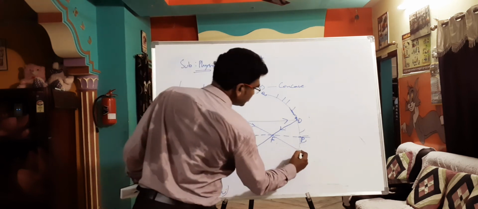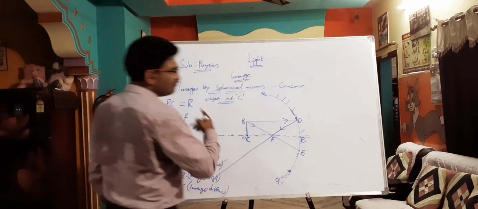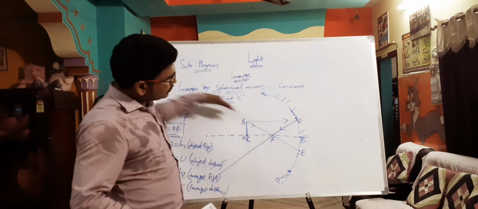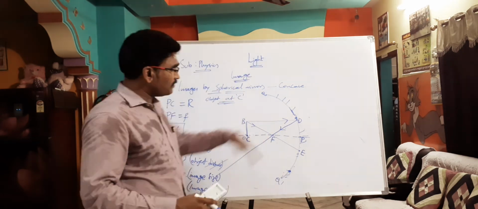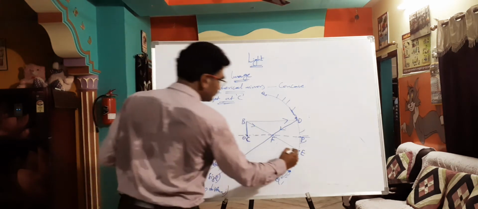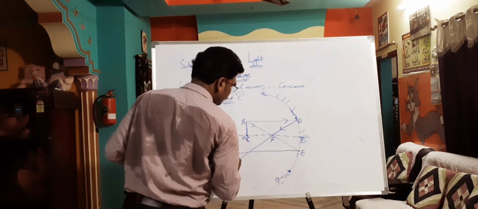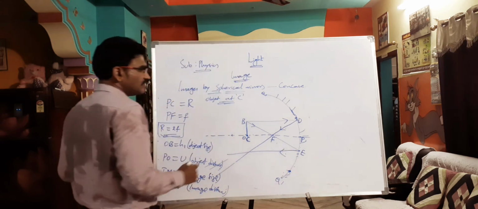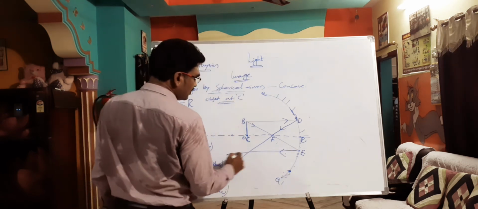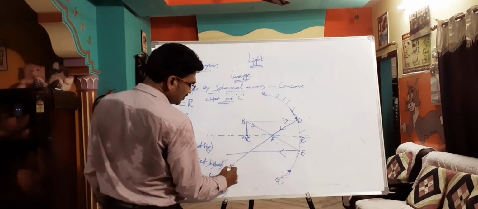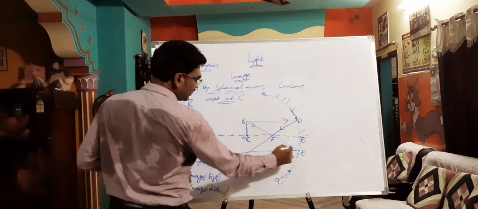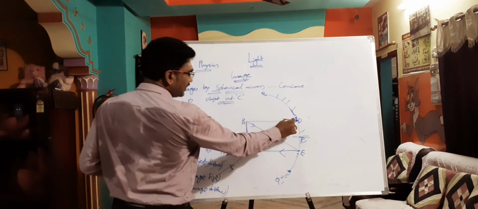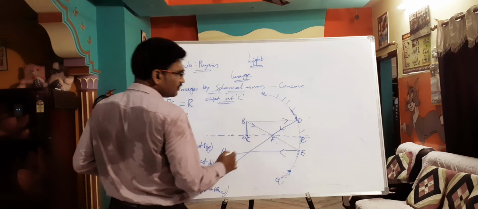Let me take this as E. EB is one incident ray which is passing through the principal focus. How will it reflect? It will reflect like this. You see E, B, G and H. EH is one reflected ray and DG is one reflected ray.